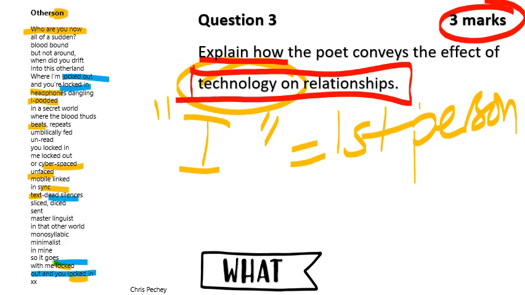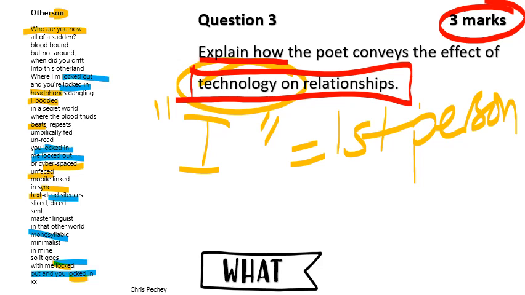Or even things like dead silences, monosyllabic, locked in, me locked out. What's the effect of technology on the relationships? Write down some ideas, and then we think about the different features. Where do we see these ideas being represented?